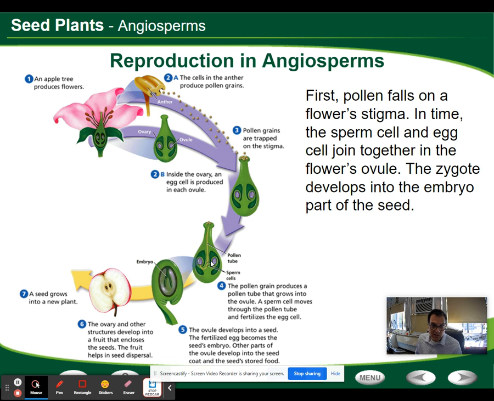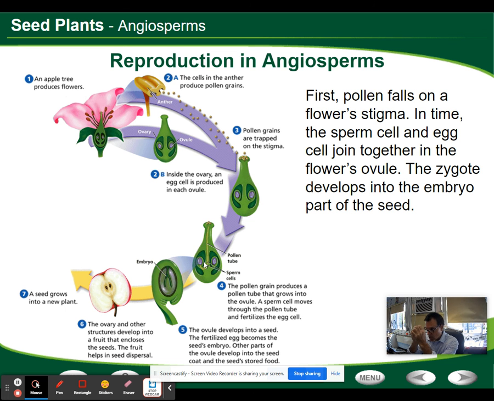Once the sperm reaches the egg, it doesn't matter whether we're talking about a plant or any kind of animal, even a human animal, you have fertilization. Just so we're clear what fertilization is, you have half the genetic material inside the sperm, half the genetic material inside the egg, and when the egg and the sperm fuse together, you now have what's called an embryo.